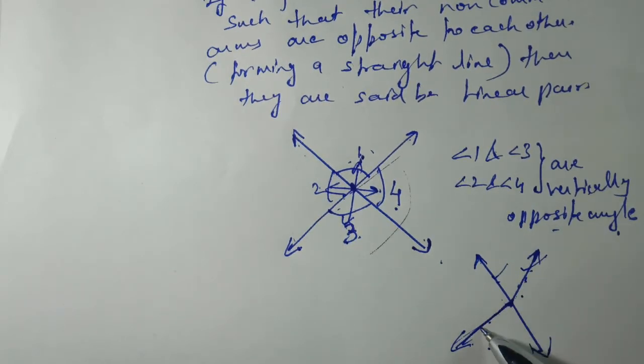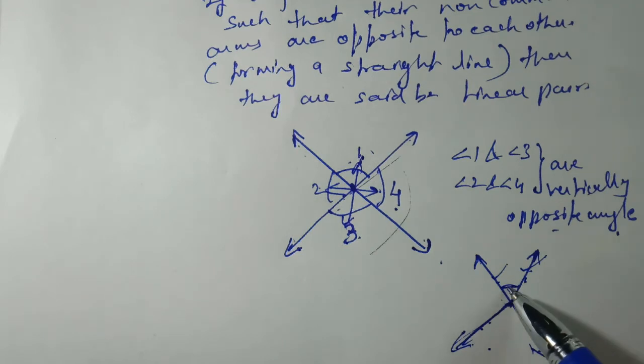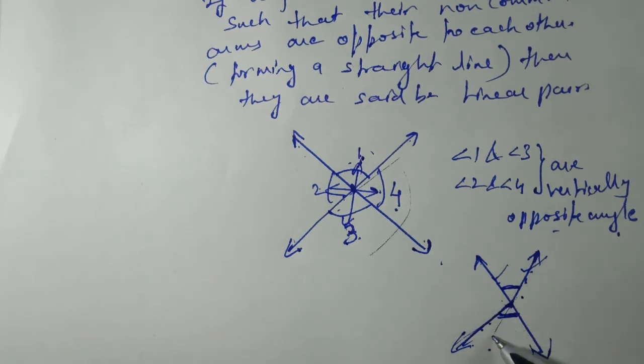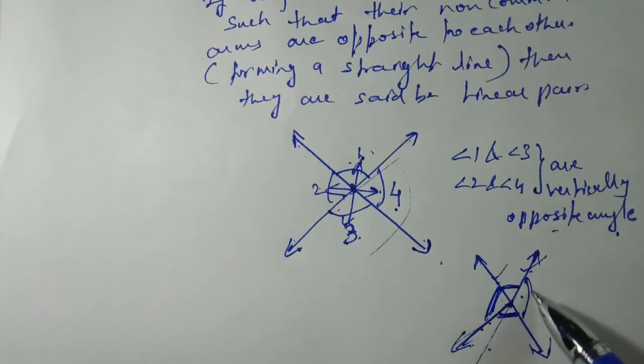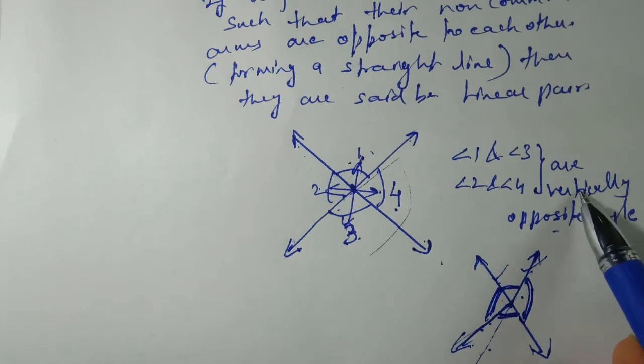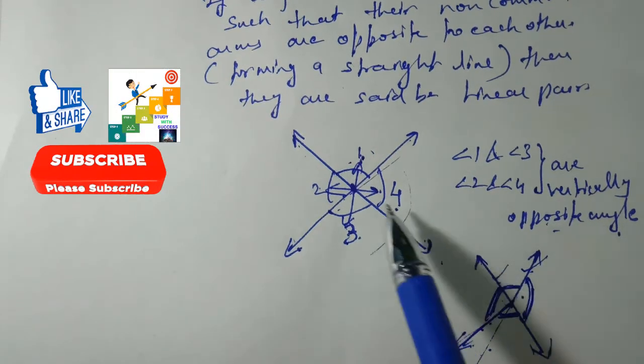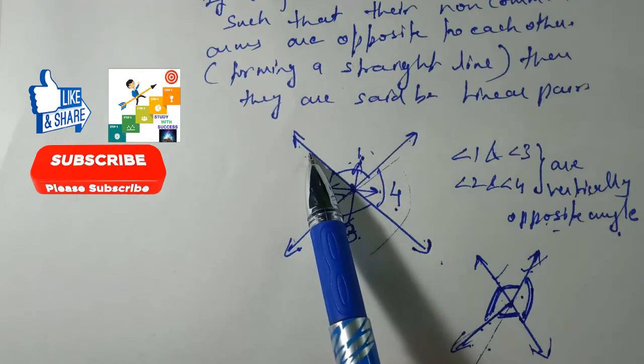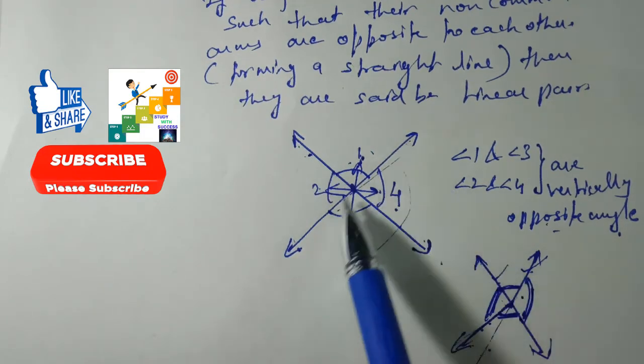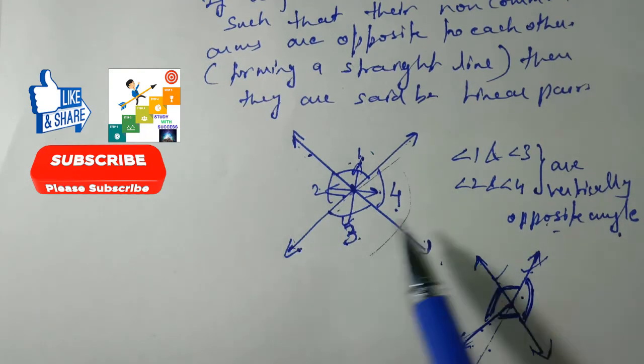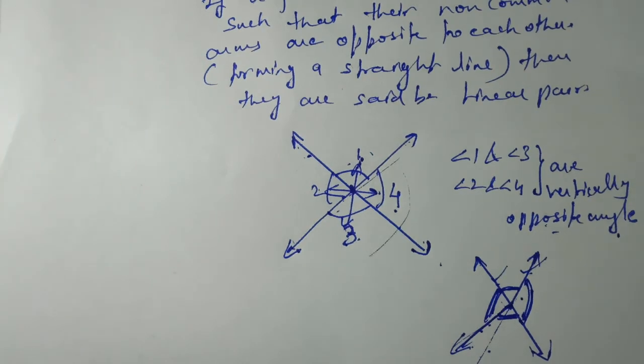Since they are not forming intersecting lines, this angle is not vertically opposite to this angle. Why? Because this is not a straight line, and this is also not vertically opposite to this angle. So this point you have to note down, that for vertically opposite angles there must be intersecting lines. Then only we can find the vertically opposite angles.